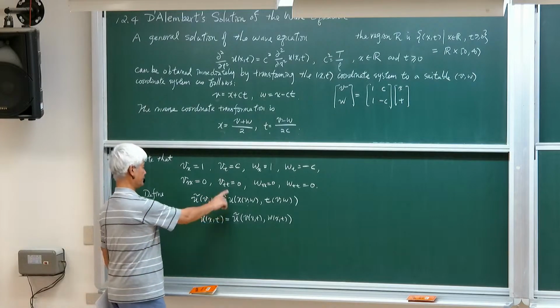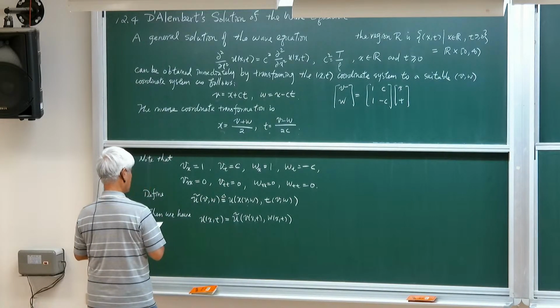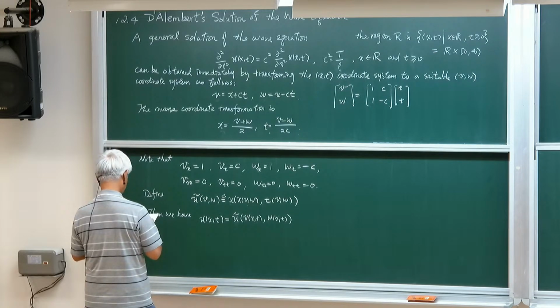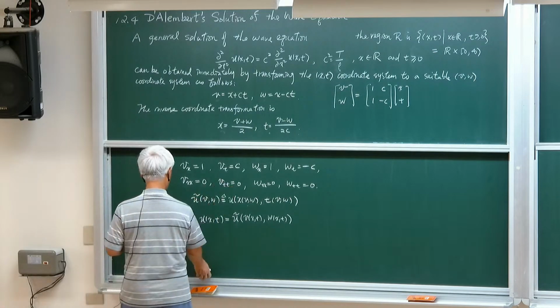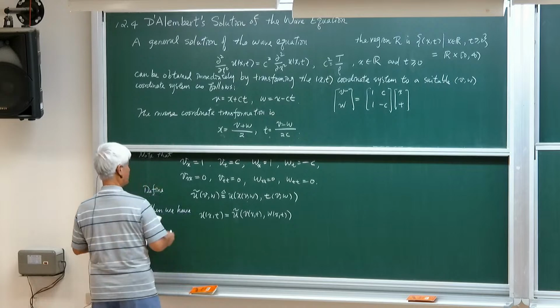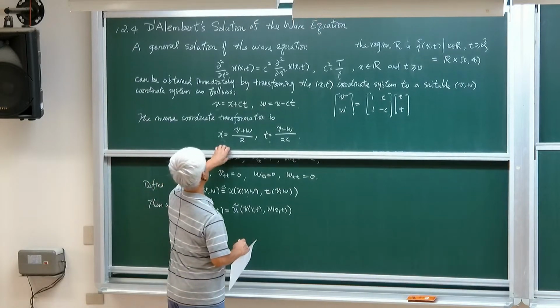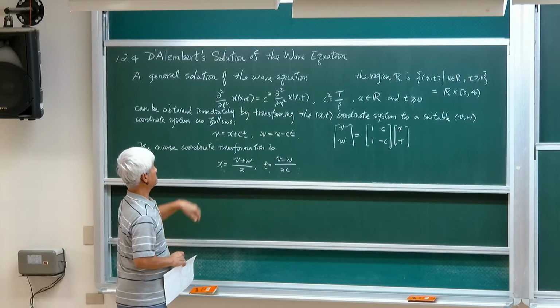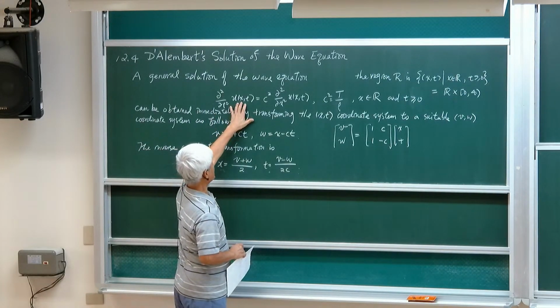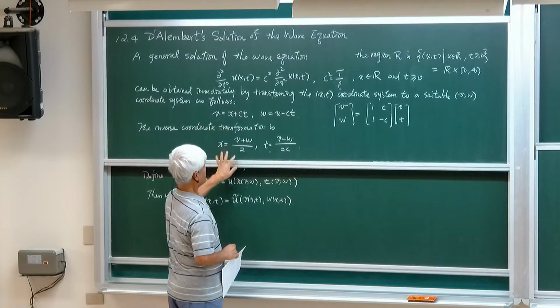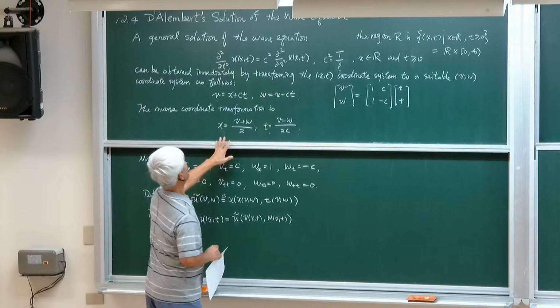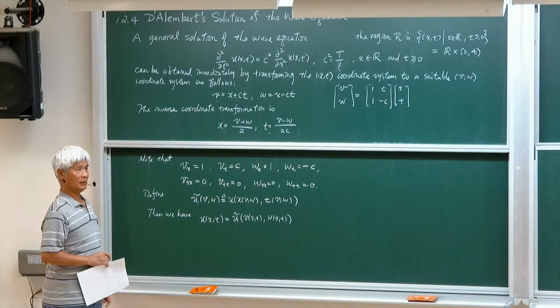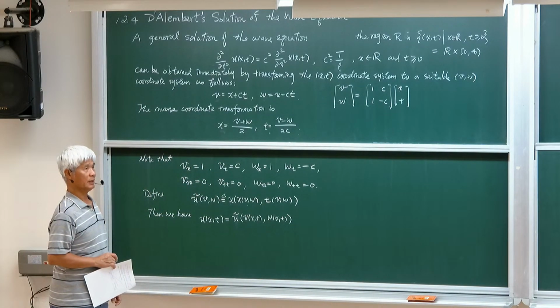Okay, so we have all these things together. Now the original wave equation is in the xt coordinate system. We want to find the corresponding wave equation in the new coordinate system.